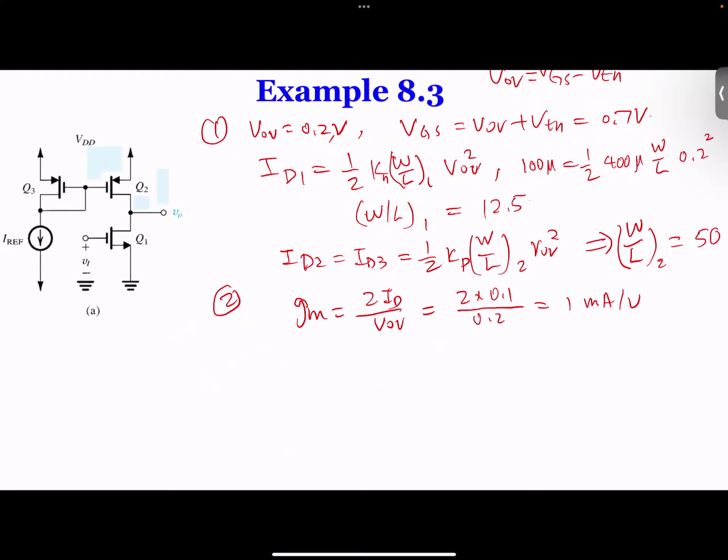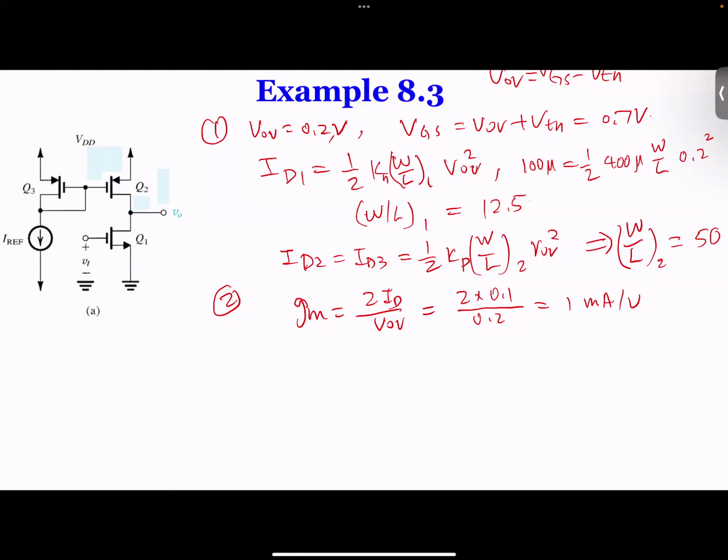Now, if you use 1000 microamp per volt, it's also okay, but milliamp is the conventional unit in microelectronics. In circuits you always use ampere and volt, but in microelectronics we always use milliamp and volts.